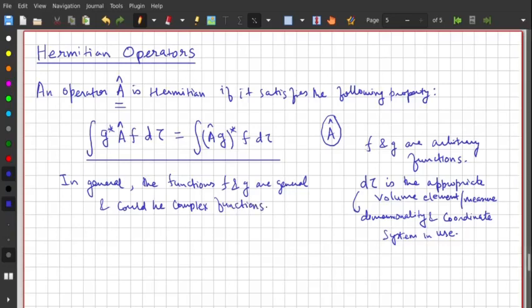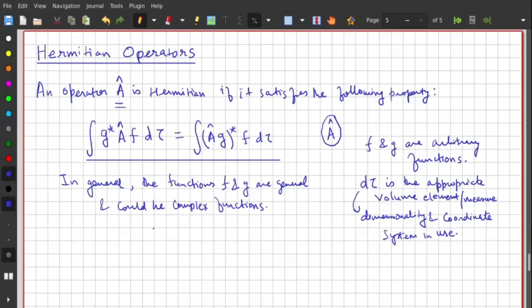That's a very important thing, because that is the reason Hermitian operators are so useful in quantum mechanics. You will see these eigenfunctions are inherently complex, and the wave function specifically is a complex valued function in general.